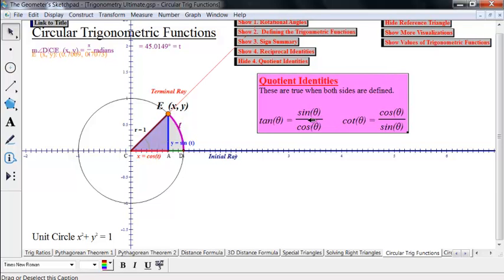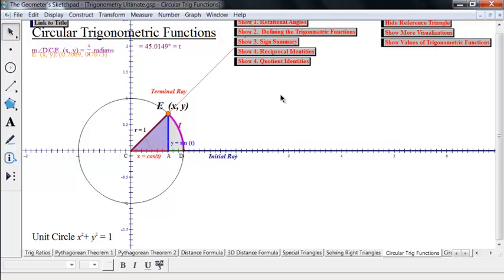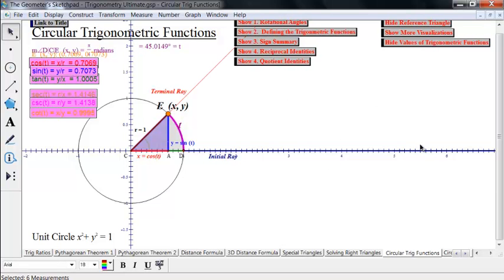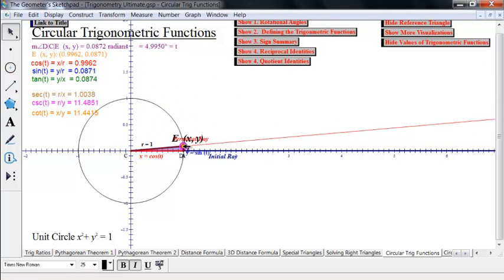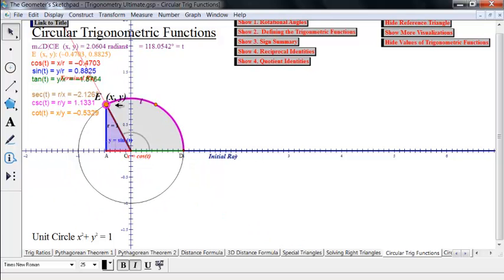So this becomes y over x, which is exactly how we define tangent of theta. And similarly, this one would be x over y, which is exactly how we define cotangent of theta. So here we can see on the left the values of all of the trig functions, all 6 of them, as we rotate around the circle.